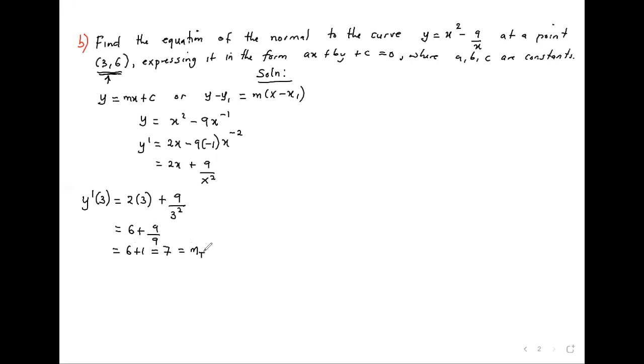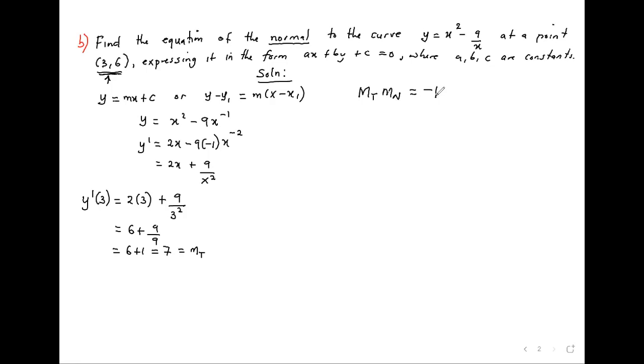But we are asked to find the equation of the normal. So if it's the equation of the normal, then the gradient of the tangent multiplied by the gradient of the normal gives us -1.